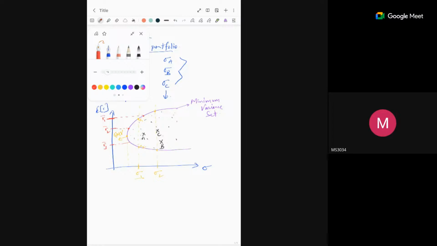So let me denote it by, let's suppose, this green color. All the points which are part of the minimum variance set and which are above this global minimum variance portfolio form the set of portfolios which you should consider for your investment purposes, and we call that the efficient frontier.